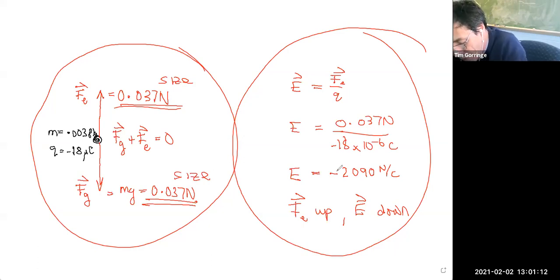I started to worry about the direction over here. And what I learned about the direction was this minus sign just told me that the electrical field is in the opposite direction of the electrical force. And since I knew that the electrical force was up, it meant that the electrical field was downward. So I hope that's okay on the directions.